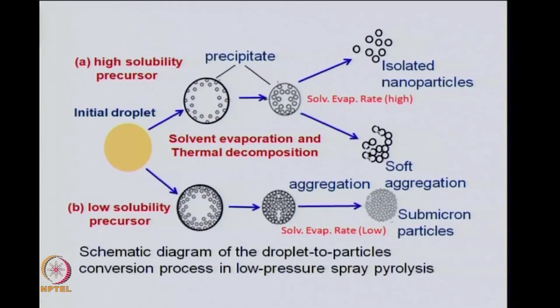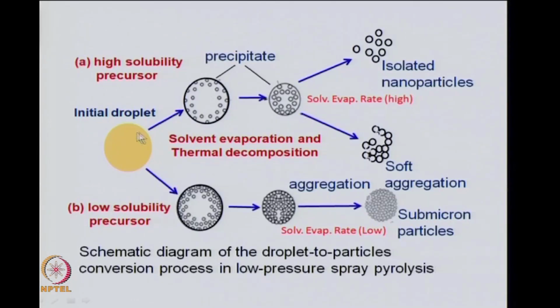Now, depending on the starting precursor, you can have isolated nanoparticles, or soft aggregation, that means loosely held particles, or very dense particles. That depends on the starting precursor. So, if you have a very high solubility precursor, initially the precipitate will have very fine particles which are well separated.